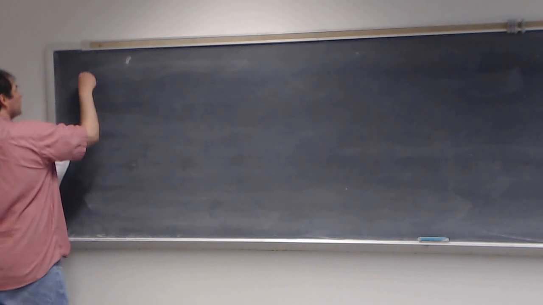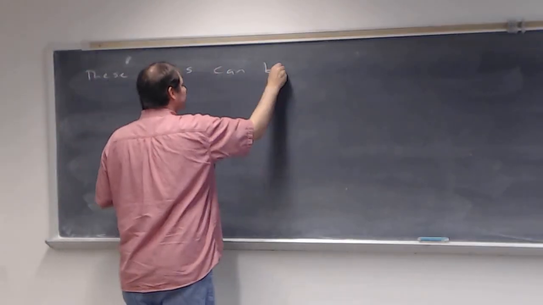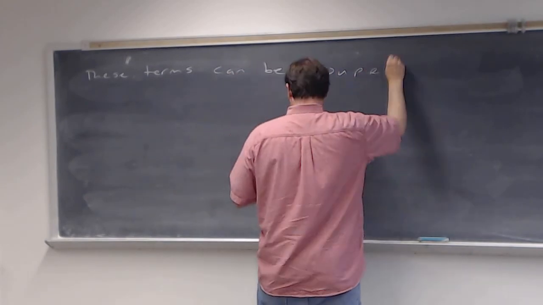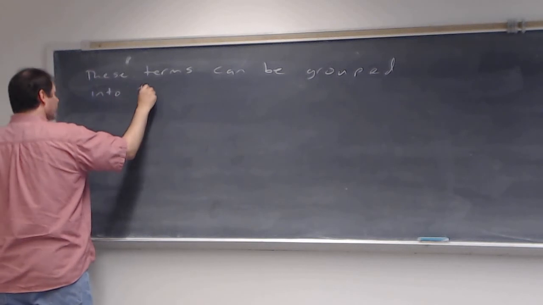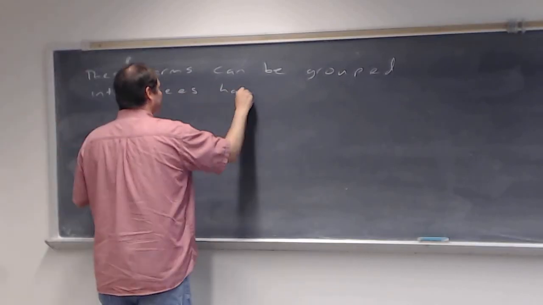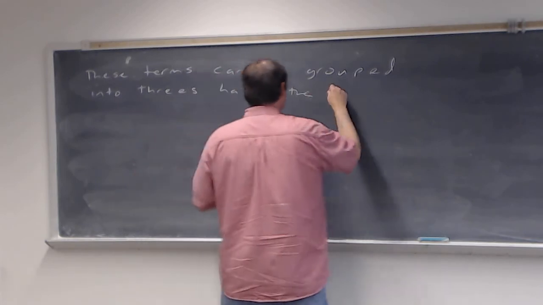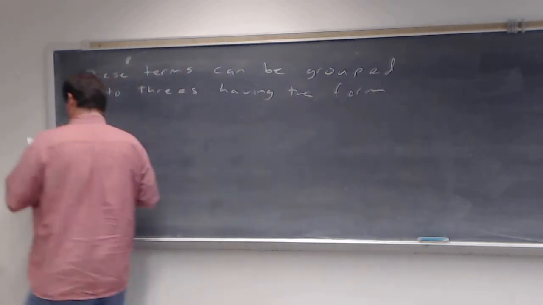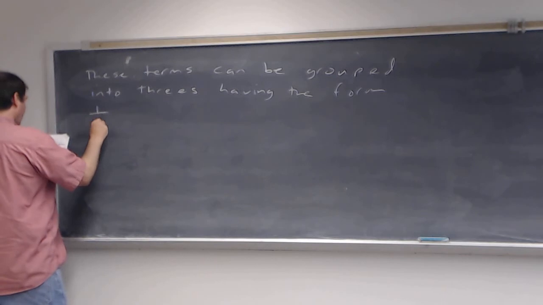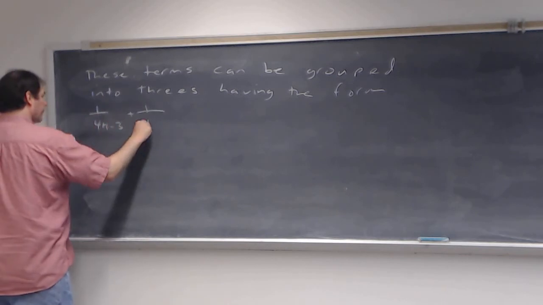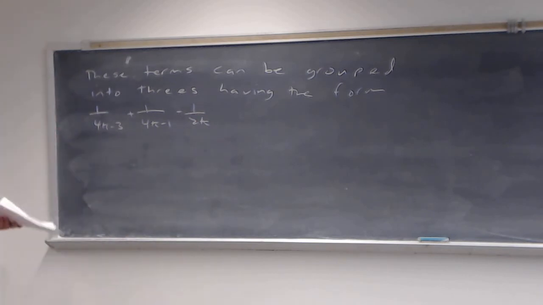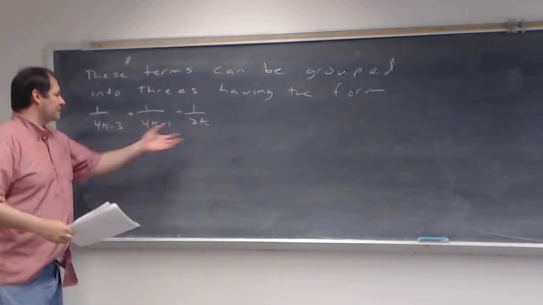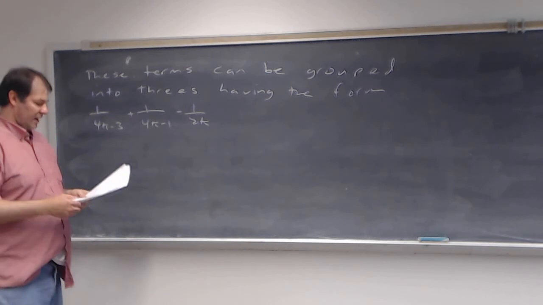Now, these terms in the rearrangement can be grouped into threes having the form 1 over 4k minus 3 plus 1 over 4k minus 1 minus 1 over 2k. If you list out those terms in the rearrangement, the first 3, the next grouping of 3, this is what their terms look like.